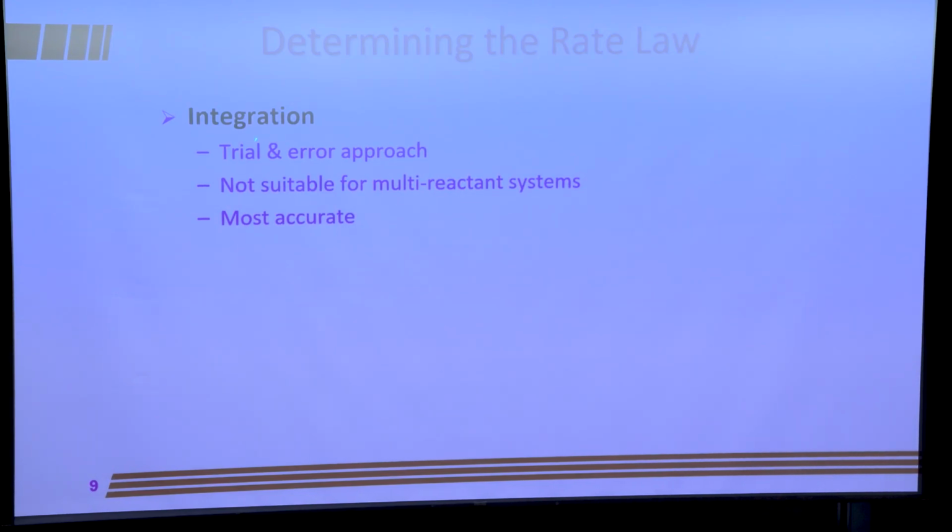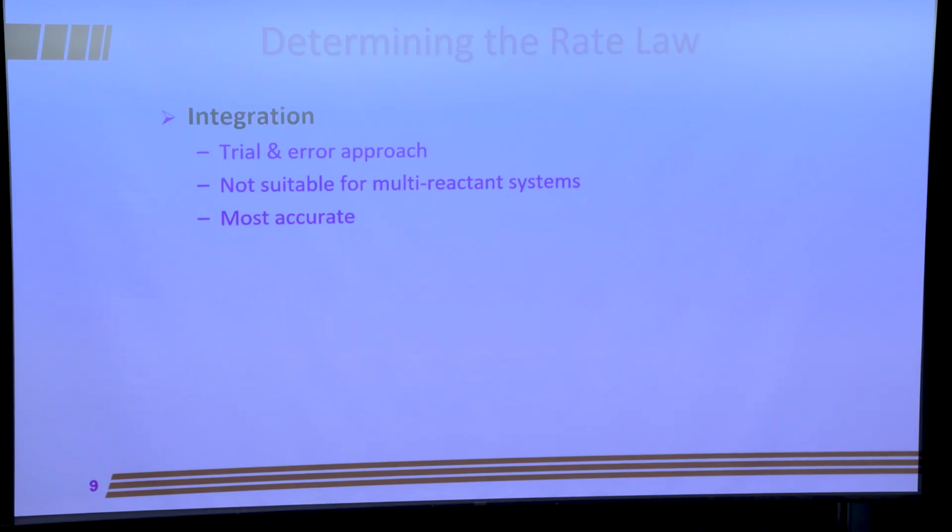Okay, so how do we determine the rate law? We determine it by integration. We can do it by trial and error, but trial and error is not suitable for multi-reactant systems, though it's the most accurate. With integration, we have to assume it's first order and check to see: does it obey first order kinetics?